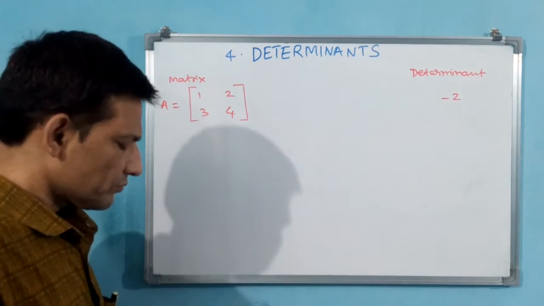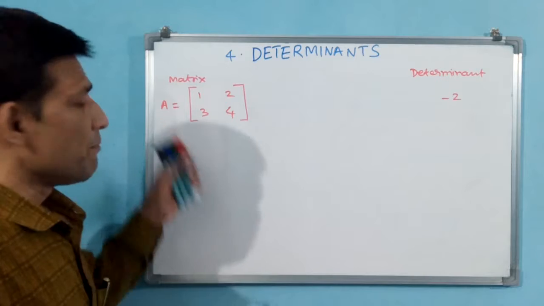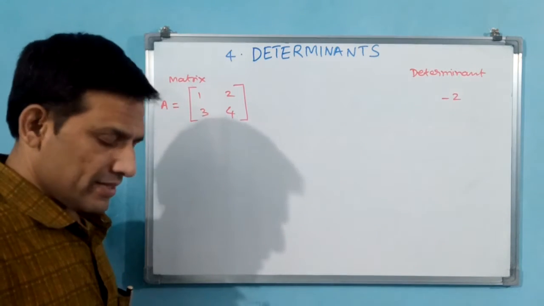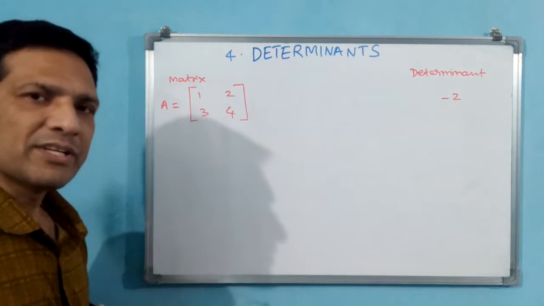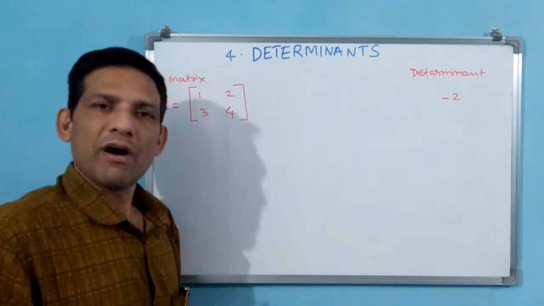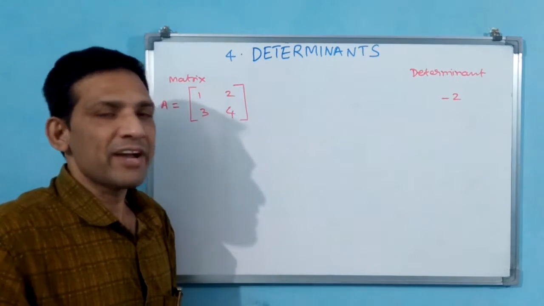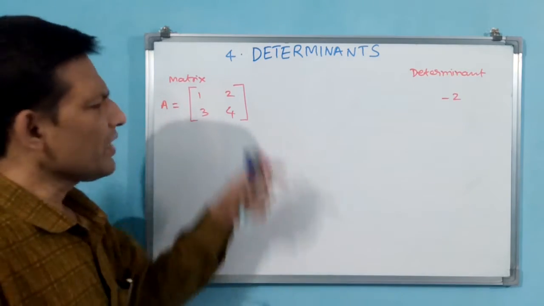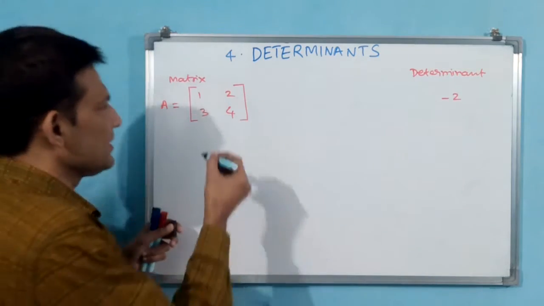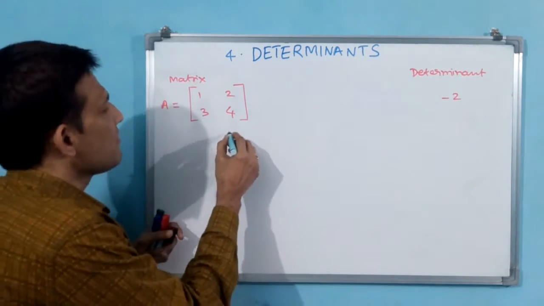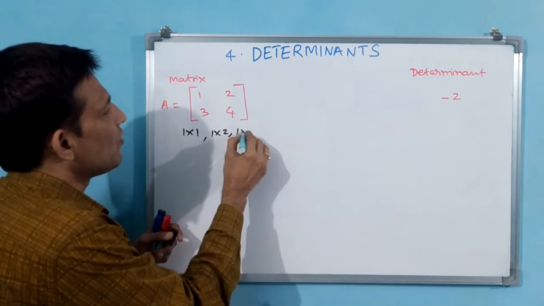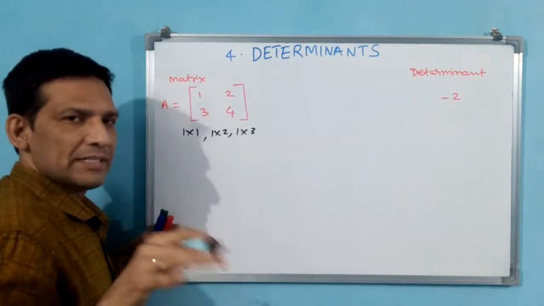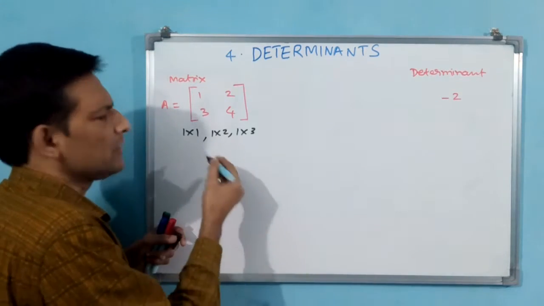See here, matrix or matrices is normally a representation of numbers or functions in a rectangular array. This matrix may be 1 by 1, 1 by 2, 1 by 3, up to our limitation, even 1 by 4 also.